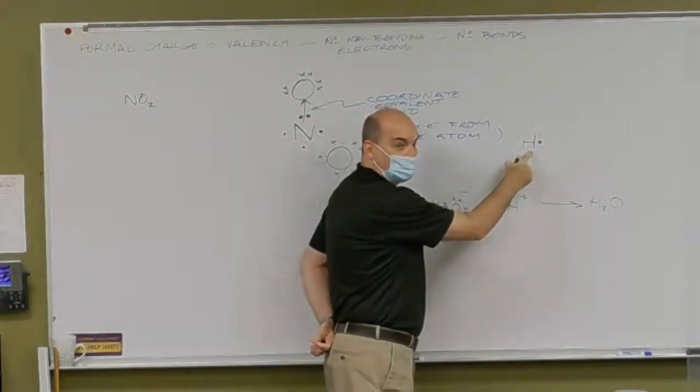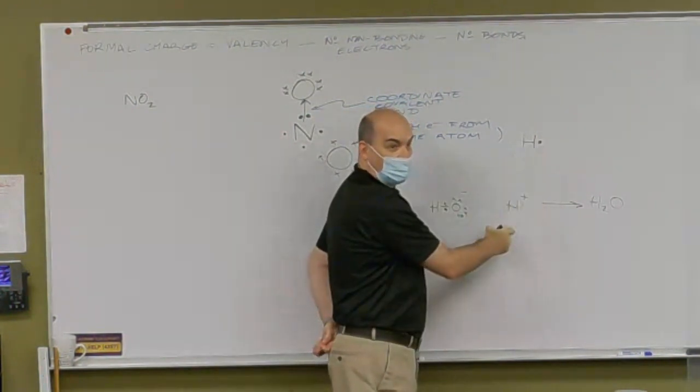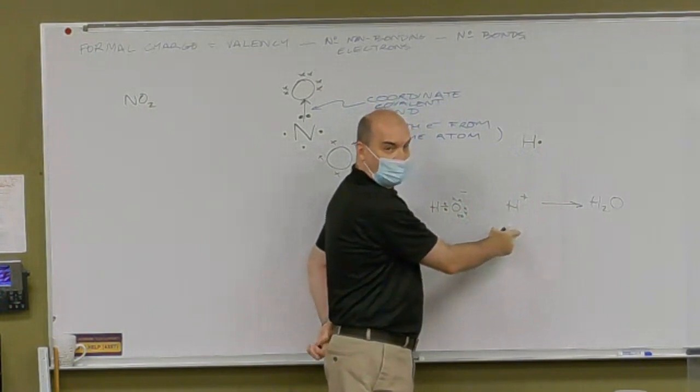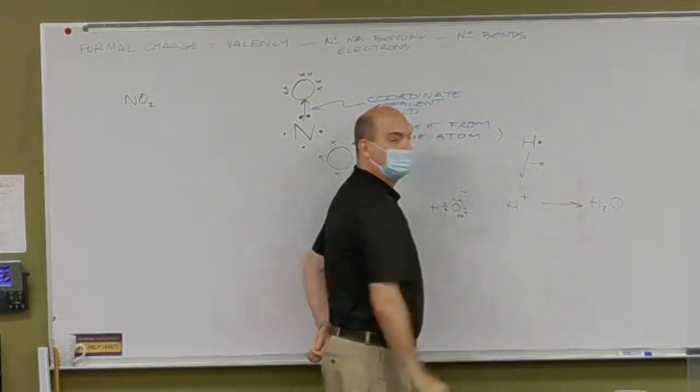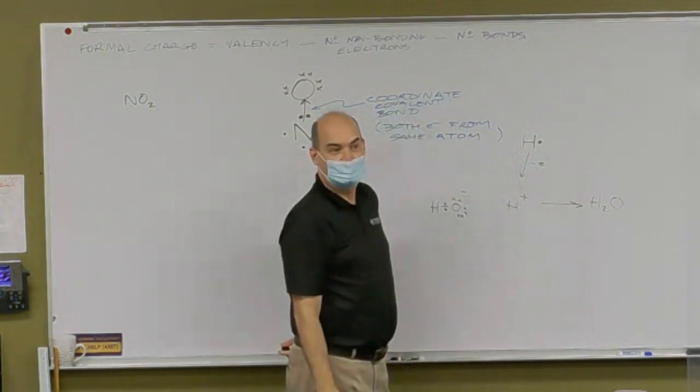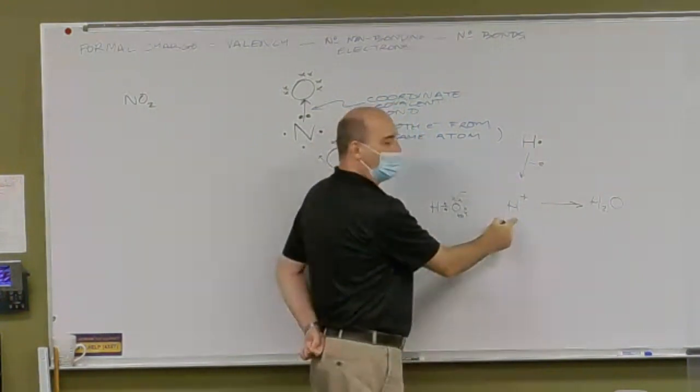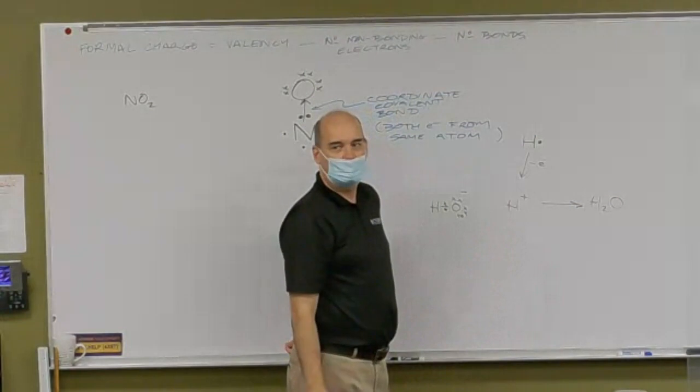If I turn this atom into an ion, how many electrons does the ion have? Nope. 0. This is the loss of an electron. Oxidation is the loss of electrons. This has no electrons. None at all.